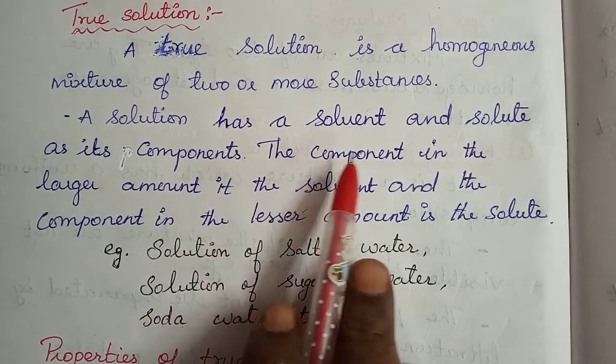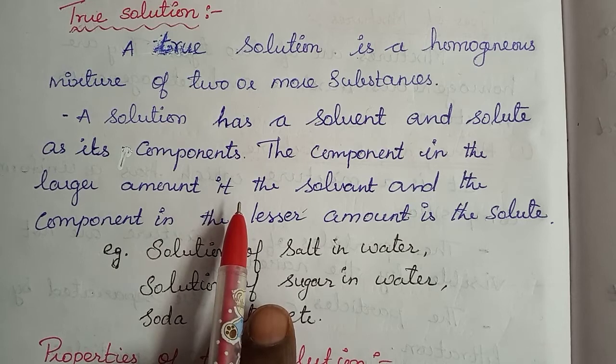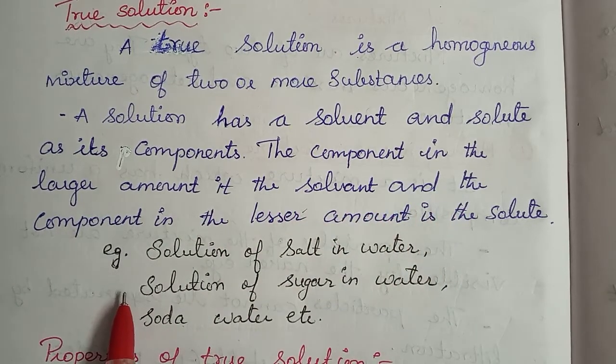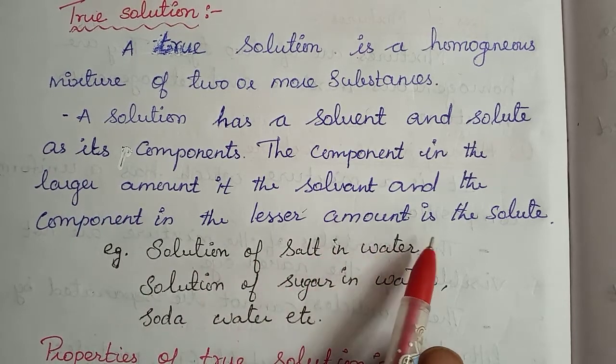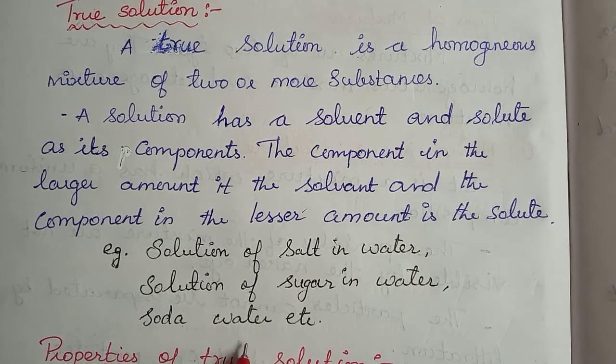The component in the larger amount is the solvent and the component in the lesser amount is the solute. Example: solution of salt in water, solution of sugar in water, soda water or lime water, etc.